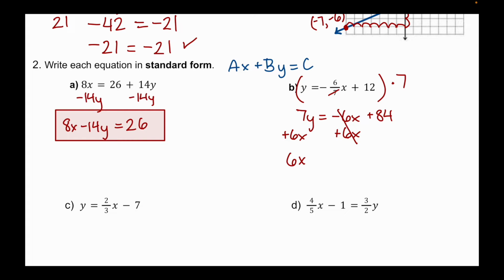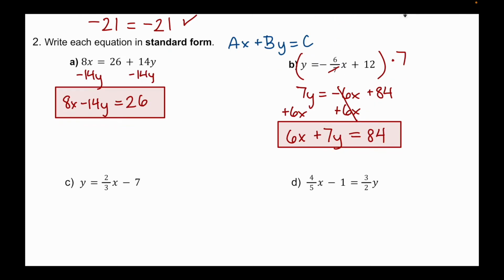So x should come first, then y, which is a positive number, and over here. So while yes, technically 7y plus 6x would count as an equivalent equation, the general agreed upon format for standard form is that the x term should come first, and that it should always be positive, although your teacher may or may not be more lenient with that one.